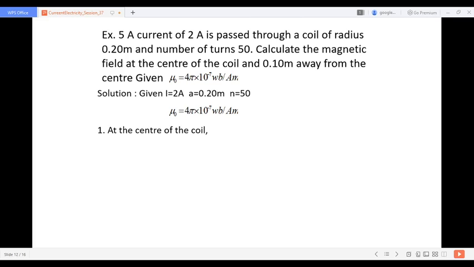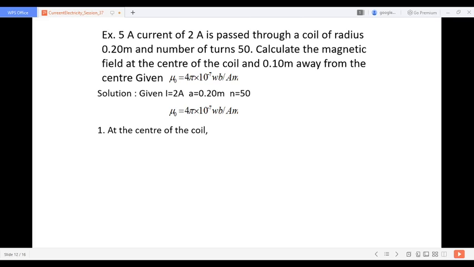One more problem, that is a current of 2 ampere is passed through a coil of radius 0.20 meter and number of turns 50. Calculate the magnetic field at the center of the coil and 0.10 meter away from the center.